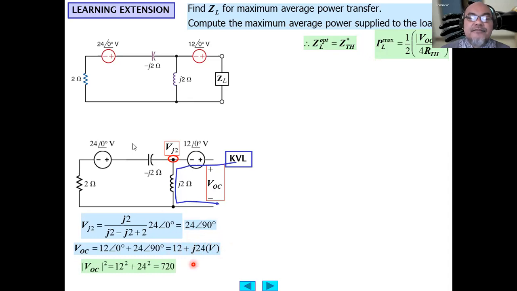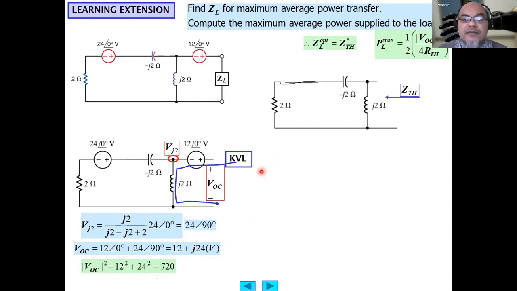Then the VOC square will be equal to 12 square plus 24 square, or 720 volt square. Then we calculate the ZTH seen from the terminal. We short circuit this voltage source, also we short circuit this voltage source.